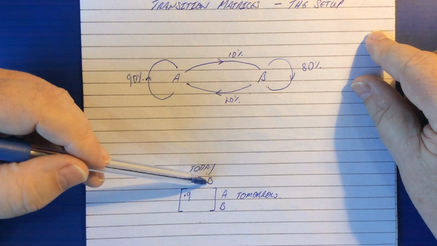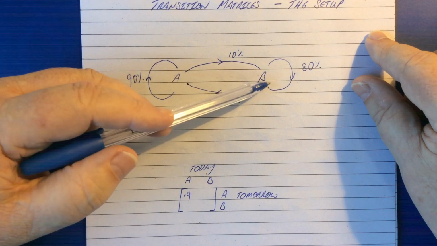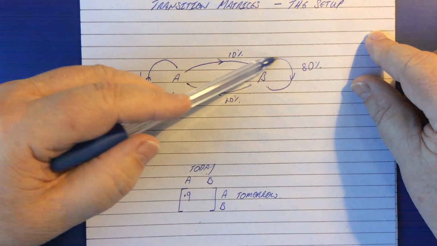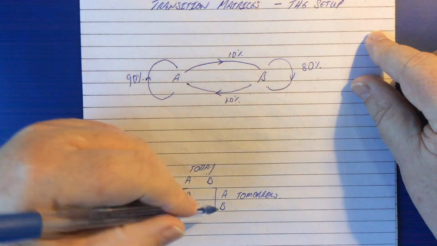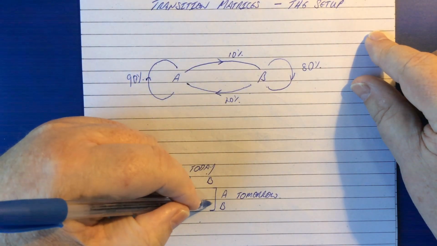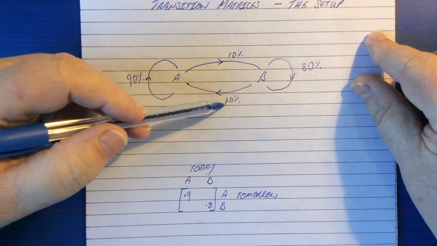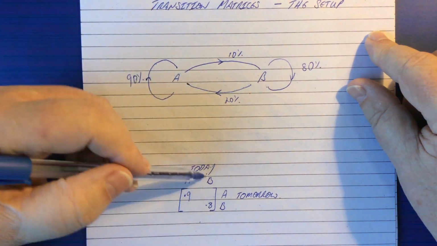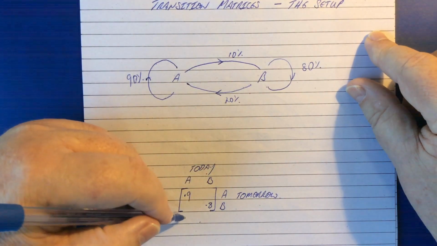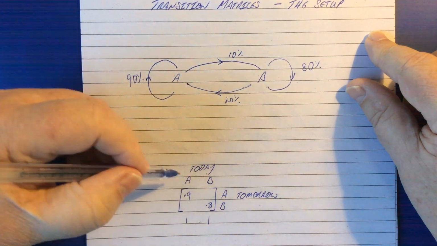We also know that 80% of people who are in position B will remain there tomorrow. That's what this little circle indicates, so that's 0.8. Even if we did not know these two numbers, we could figure them out fairly simply, because these columns must add to 1.